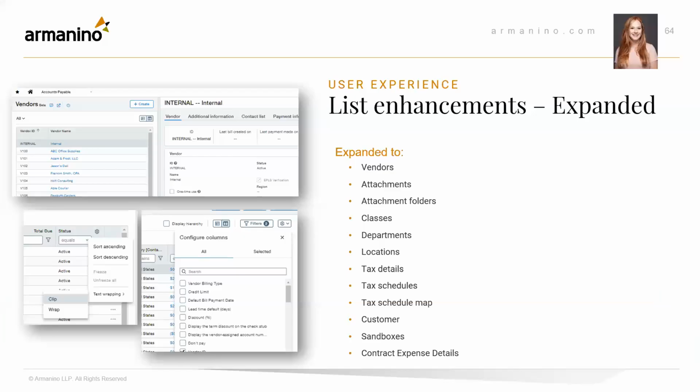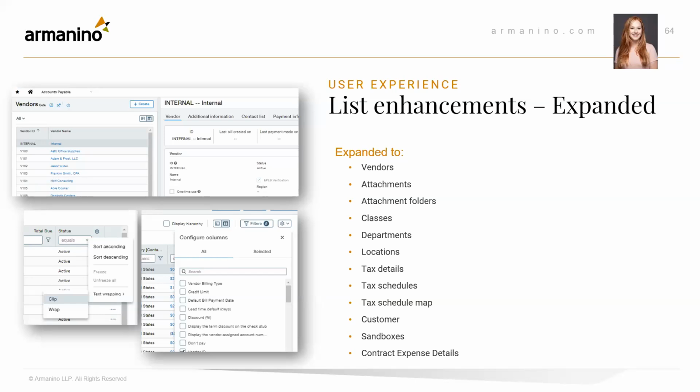Awesome. If we want to go to the next slide, I know we've talked about the list enhancements the last several releases. Intacct does continue to add these to additional screens. The new ones this time are the customer, sandboxes, and then contract expense details. If you're on these screens, you'll have an option in the top right to go into the list beta interface. We just want to make sure that everyone knows to click into that beta interface whenever you're in any of these list screens and play around with it.